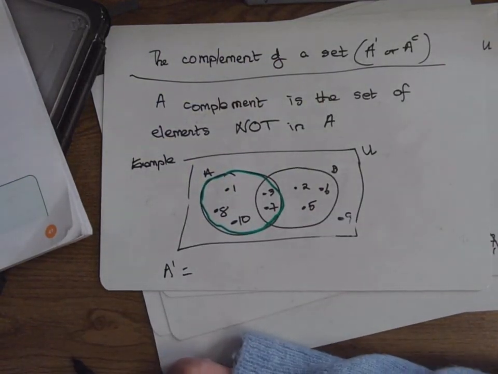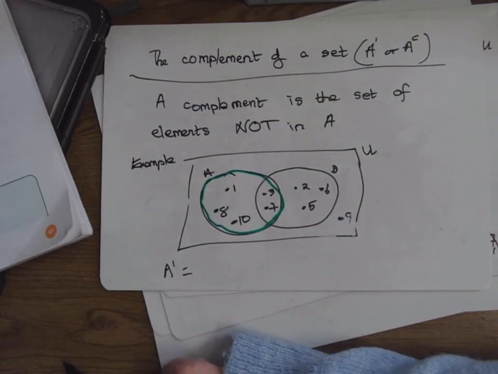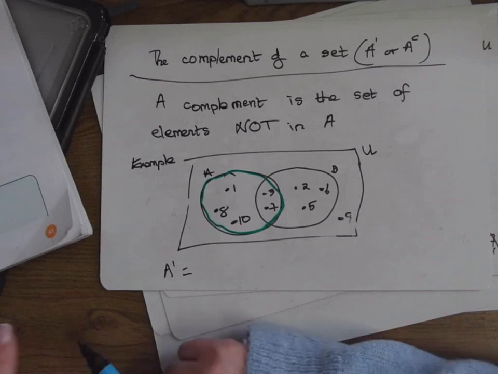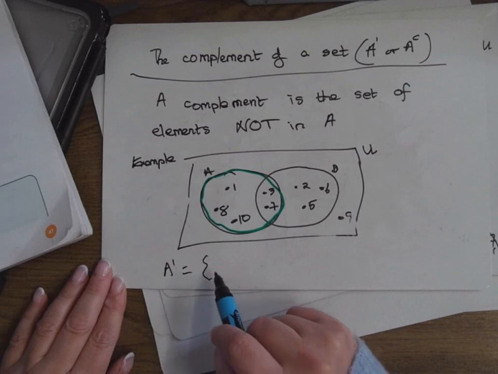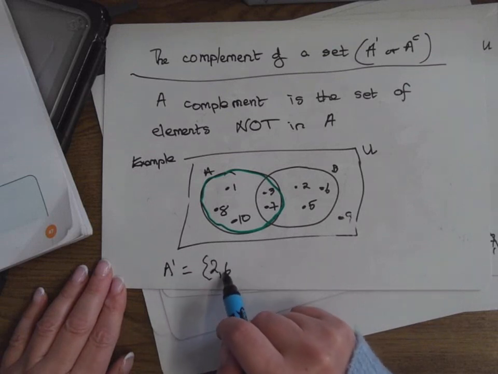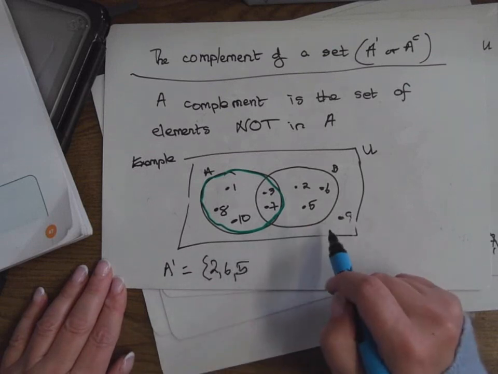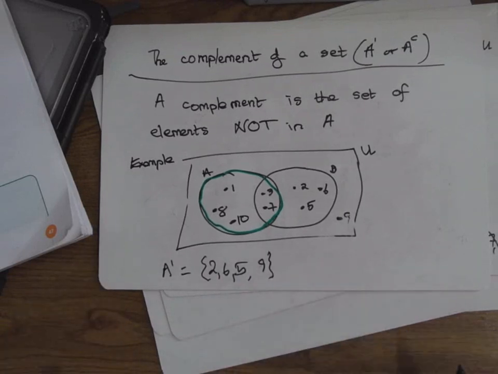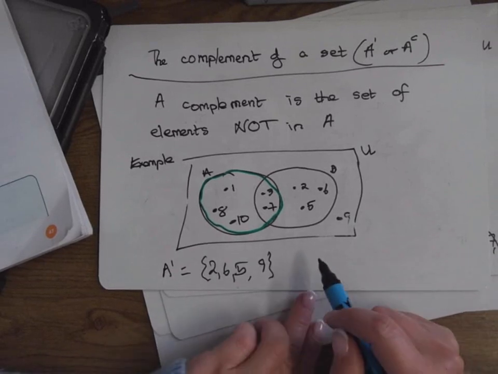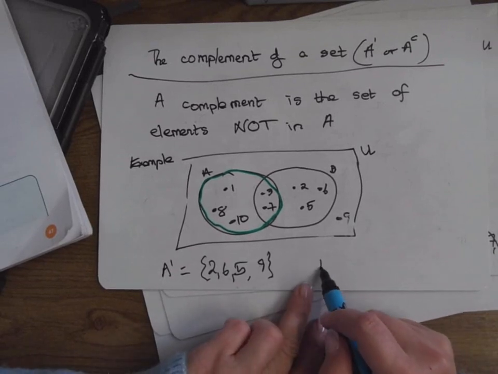We don't care what circle it's in or if it's even in a circle, but if it's not in the green circle, I have to list it. So what's the answer for A complement? 2, 6, 5, and 9 as well. Even though 9 is on the outside, it's still part of A complement. Once it's outside the green circle, it's A complement.